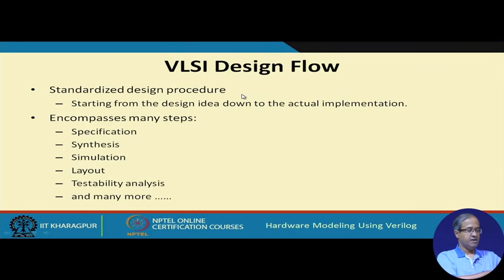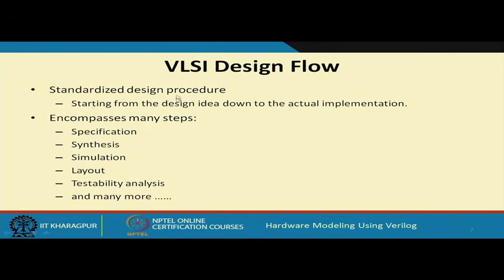So, looking at the VLSI design flow again. What is a VLSI design flow? VLSI design flow is nothing but a standardized set of design procedures, where we specify the step by step procedure to be followed, starting from our given specification, what you want to do, down to the actual hardware circuit that you want to build or manufacture.